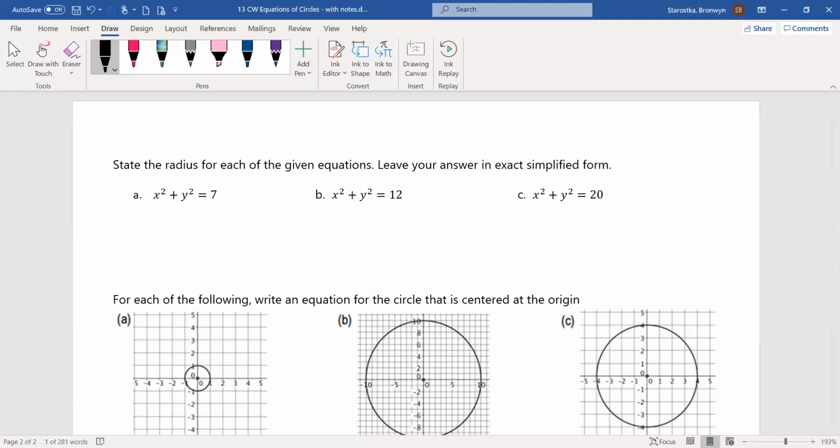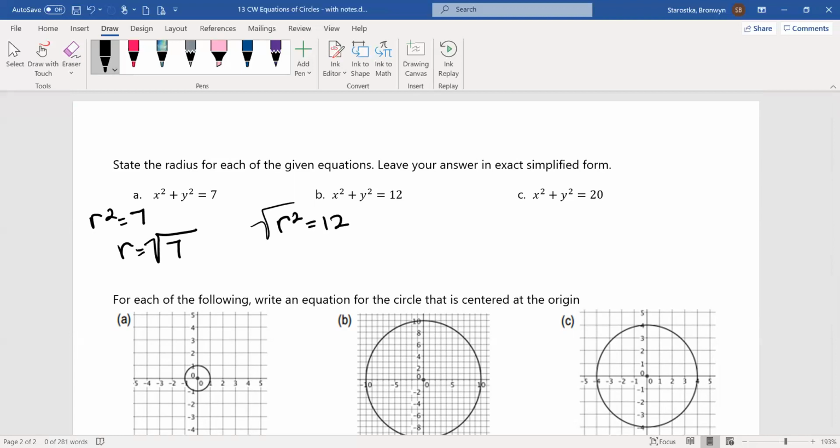We know r squared equals 7 means r equals the square root of 7. And 7 is a prime number, so we can just leave it under the radical. 12 is a composite number. So let's look at 12. R squared equals 12.